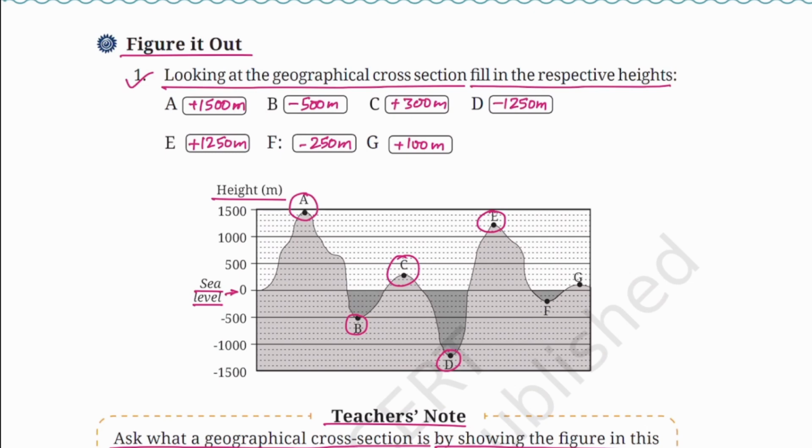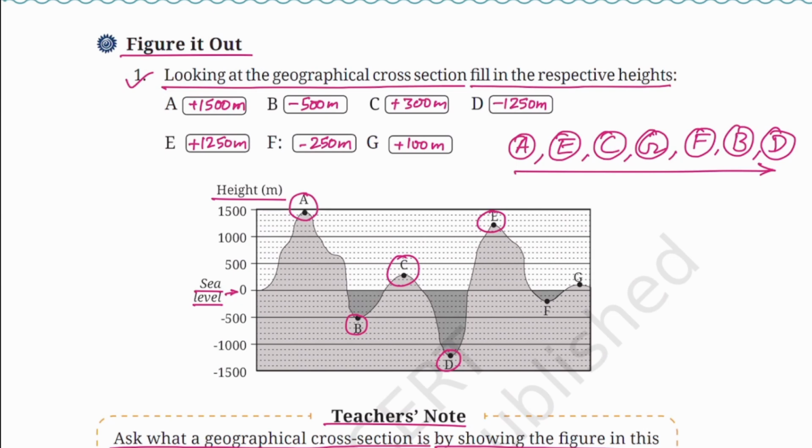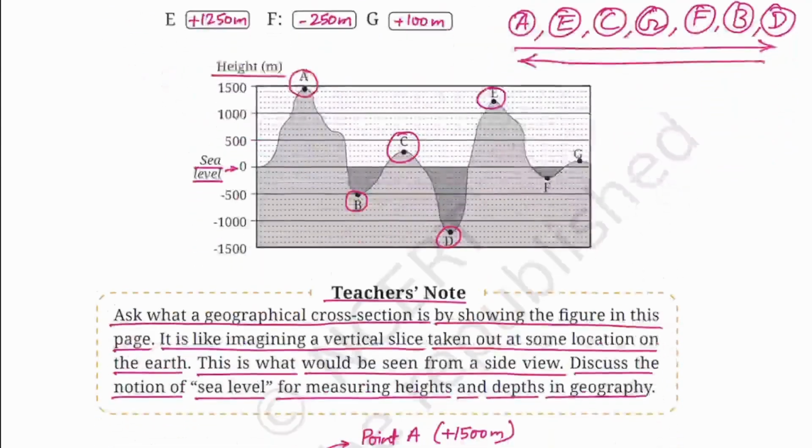In decreasing order, point A, then point E, then point C, then point G, then point F, then point B, then point D. This is written in decreasing order of heights. Its reverse will be in the increasing order of heights.